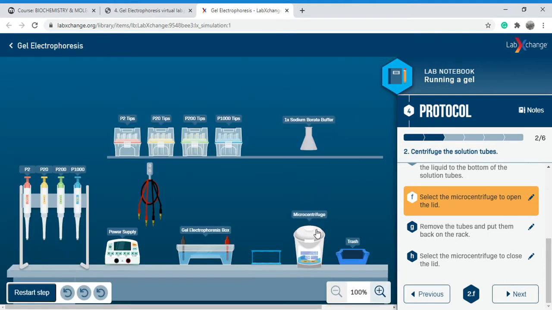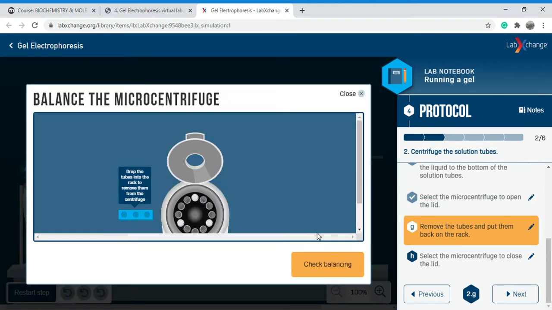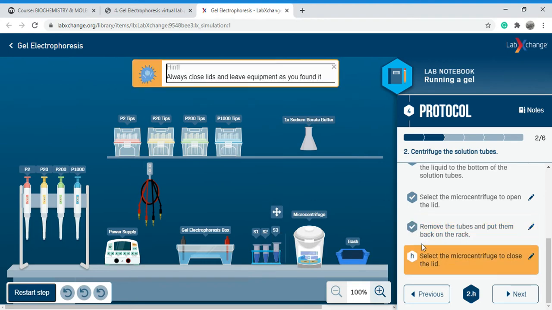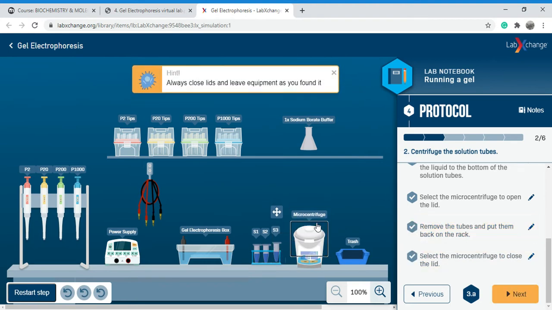Once that is over, we open this and we move the solutions back into the racks. And we close that. As you can see, the racks are back. Now we close the lid.